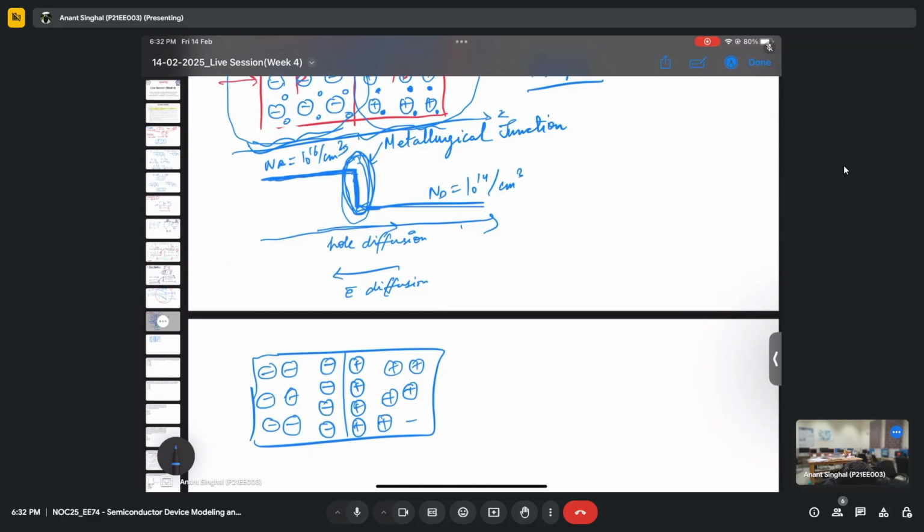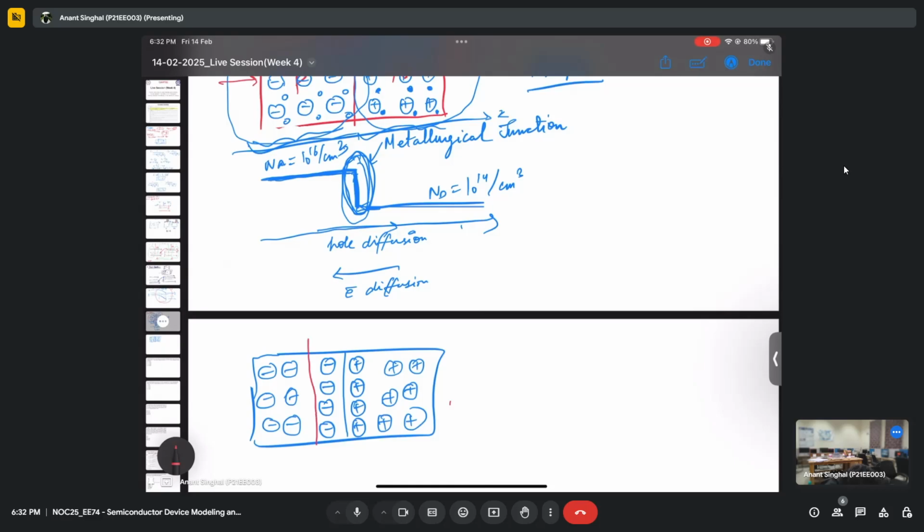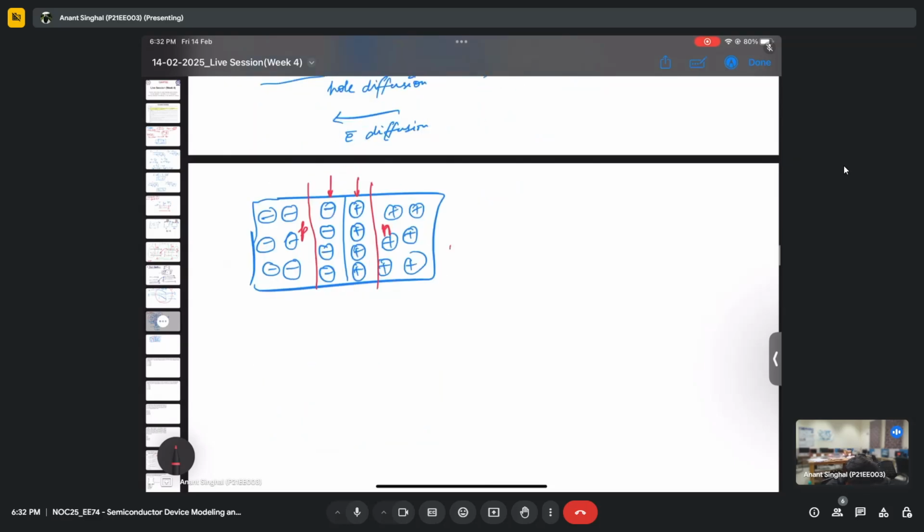Once this diffusion ends, we are left with the acceptor ions on the p side and the donor ions on the n side. Now you see this region is depleted of mobile carriers, right? Depleted of carriers. Any doubt in this?